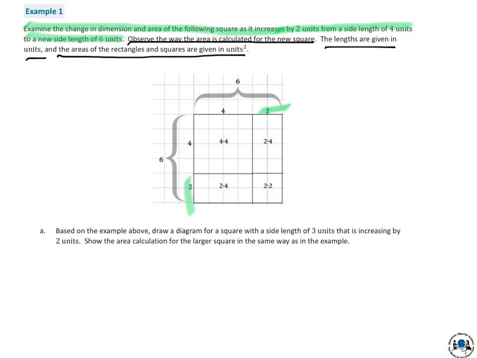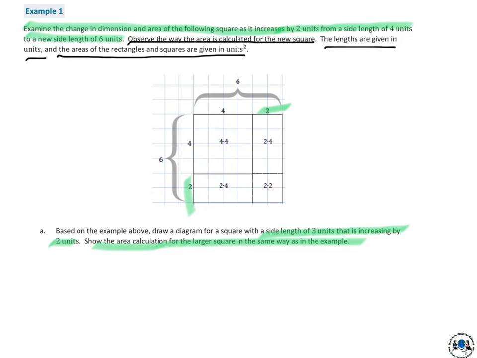So here we go. A, based on the example above, draw a diagram for a square with a side length of 3 units that is increasing by 2 units. Then show the area calculation for the larger square in the same way as in the example.